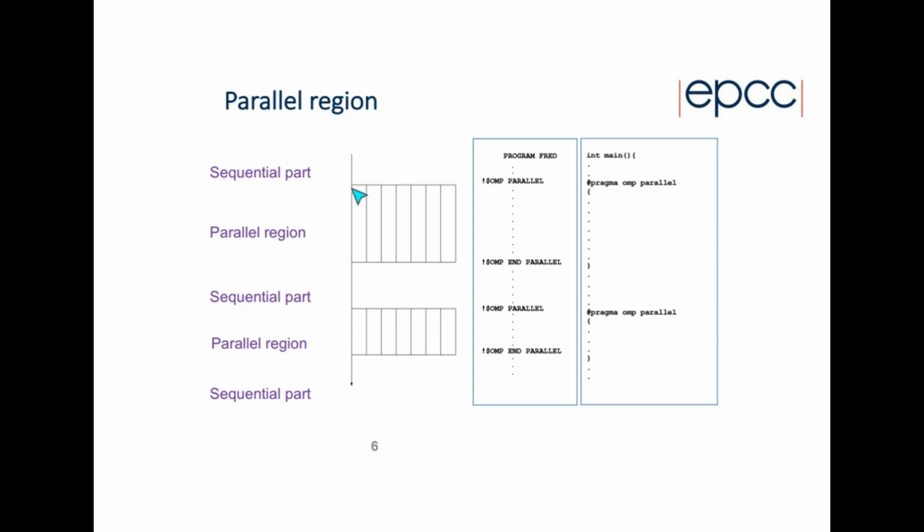So logically, we're creating and destroying OpenMP threads, if you like, for every parallel region. In practice, the implementation underneath is not actually creating operating system threads every time. It will create them once and keep them alive. And then it'll have to react, for example, if for this second parallel region we asked for 12 threads instead of 8, then the runtime would have to go away and create an extra 4 operating system threads at that point.